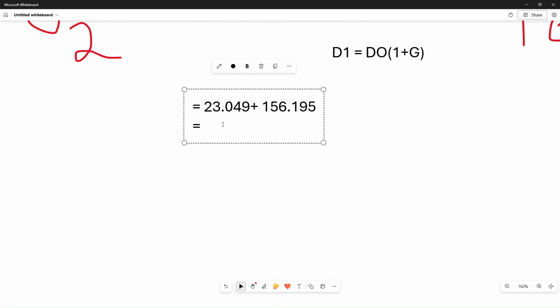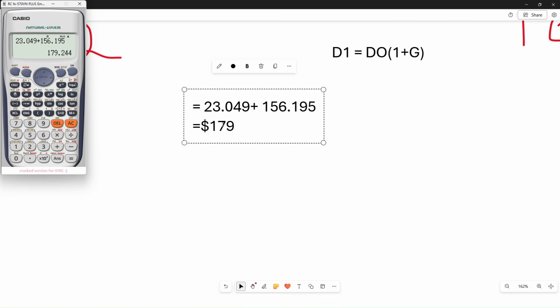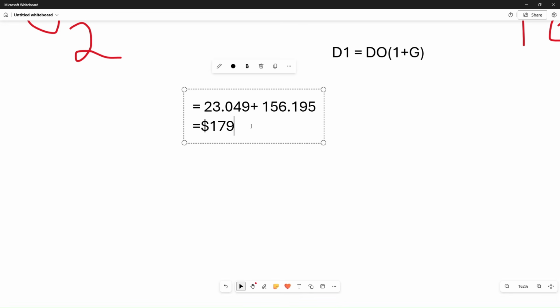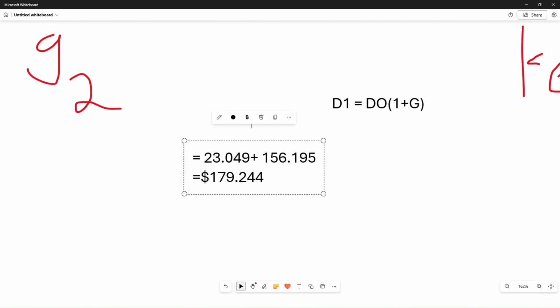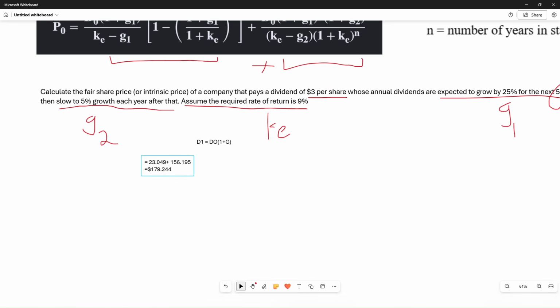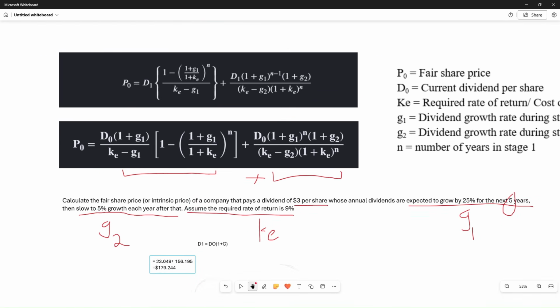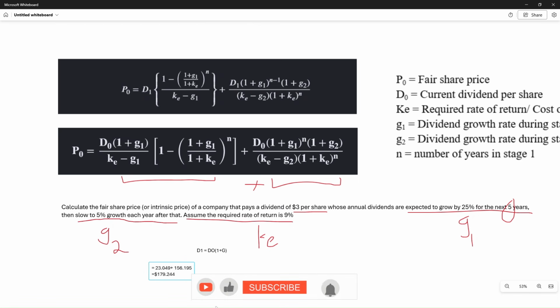So at the end of the day, we arrive at 179.244. We have our fair value of the share price to be $179.244 basically. So this is how to use your multi-stage model to get your fair share price.